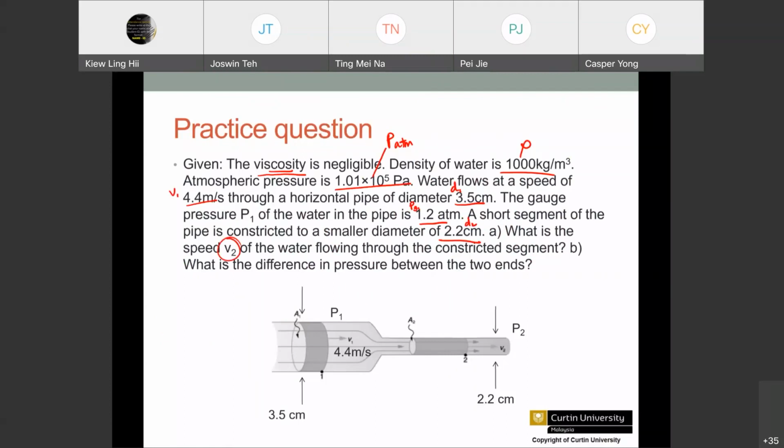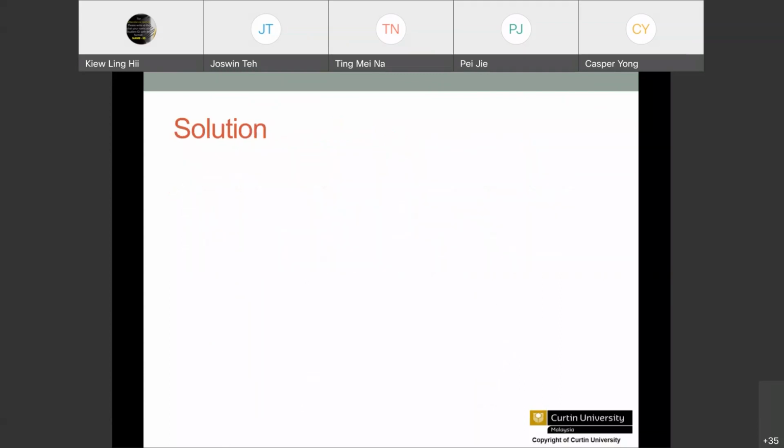Okay, so usually for the Bernoulli equation, you can write down all the information that you extracted from point 1 to point 2. Given atmospheric pressure, 1.01 times 10 to the power of 5 Pascal.